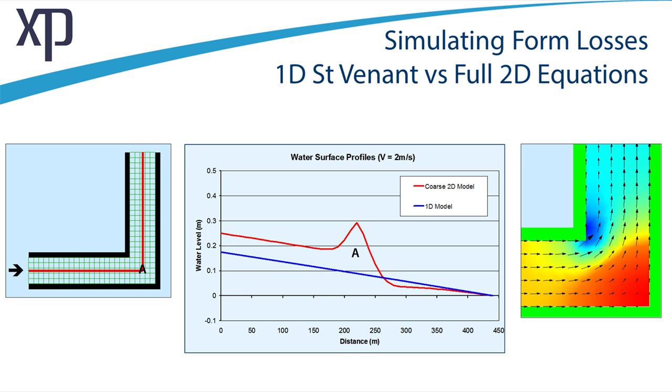And you can see that in the red area on the far right. But importantly, the upstream water level, the water level that's driving the pushing of water through this little right-angle bend, is higher. And that is one of the fundamental differences between a 1D and full 2D equations, is that they will lose energy where the water is forced to turn or to change speed or so forth.